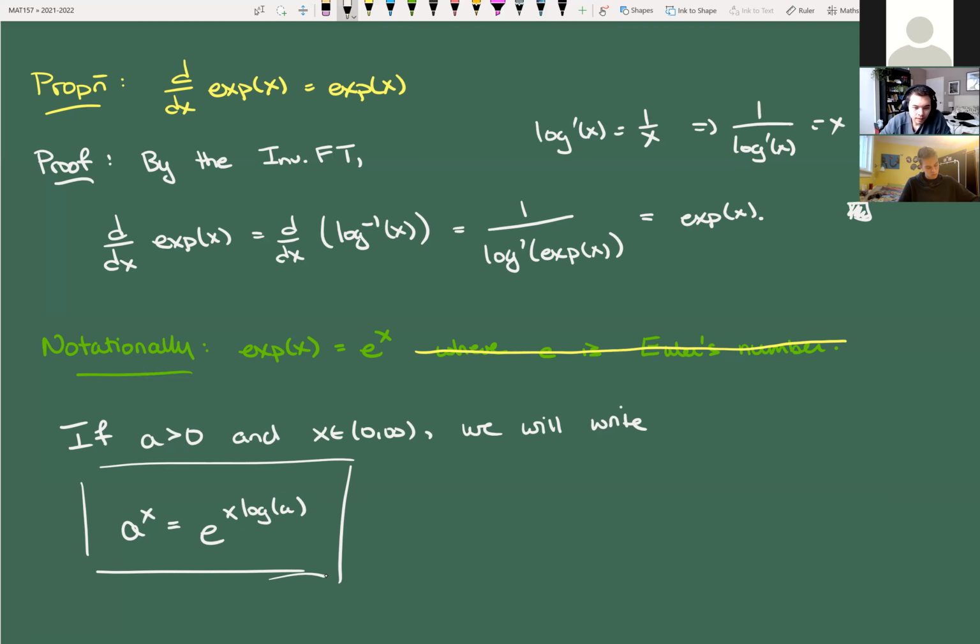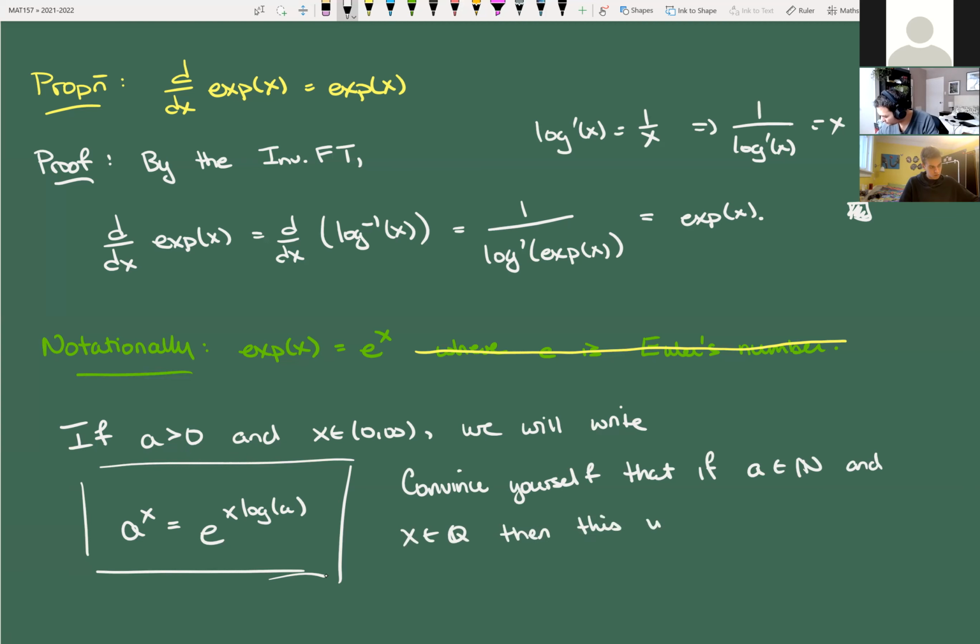Okay. Now all you have to do, and again, I'll leave this as an exercise for you, but I think hopefully we all believe it, even if you don't quite see why it's true yet, convince yourself that if a is, let's say, a natural number and x is rational, then this is the usual definition of exponentiation.